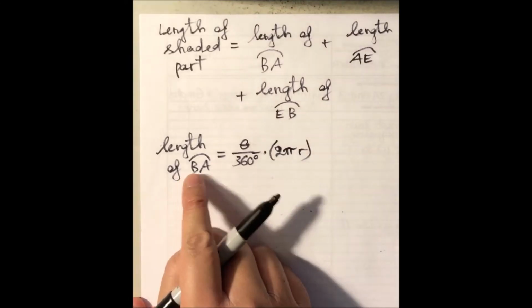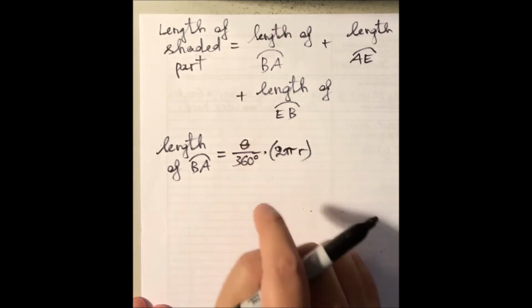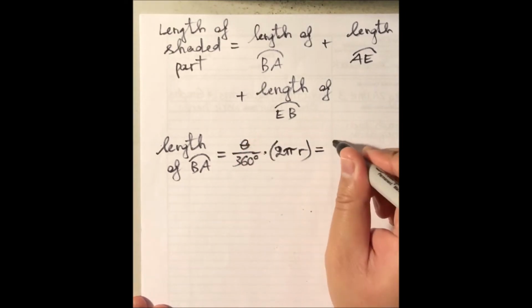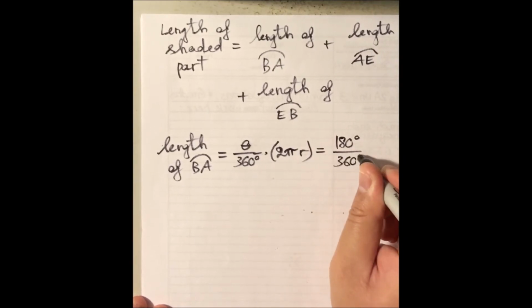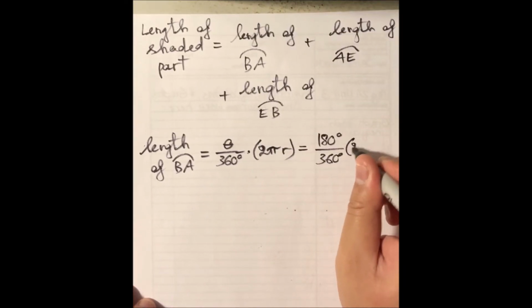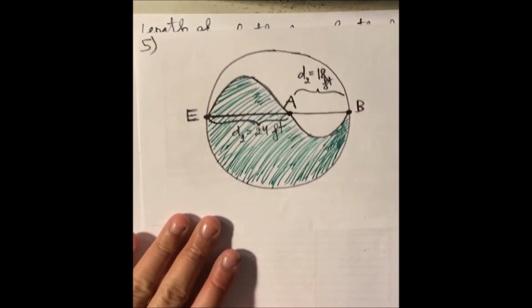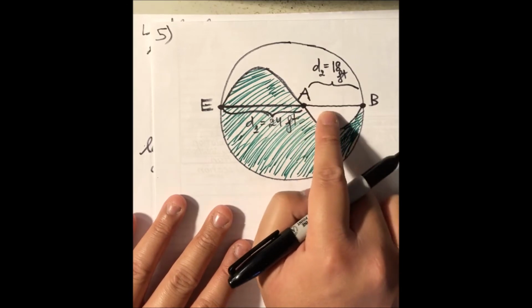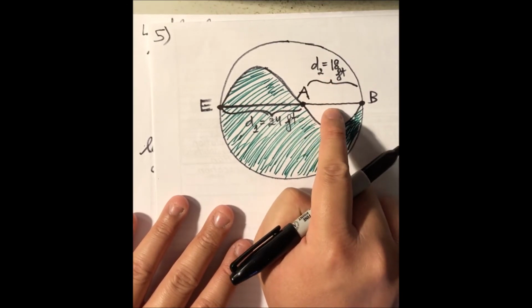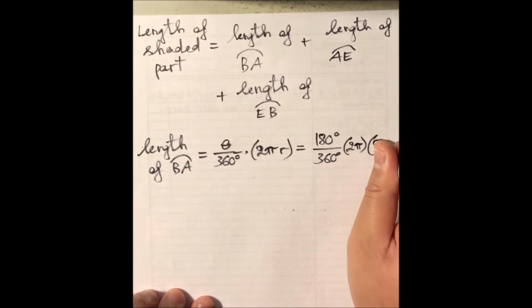multiplied by the formula for the perimeter of a circle, which is 2 pi times the radius r. And since the minor arc from B to A is a semicircle, we know the central angle is again 180 degrees. So we get 180 over 360 multiplied by 2 times pi times the radius. But we know the diameter here is 18 feet, so the radius is going to be 9 feet. So we have 2 pi times 9.